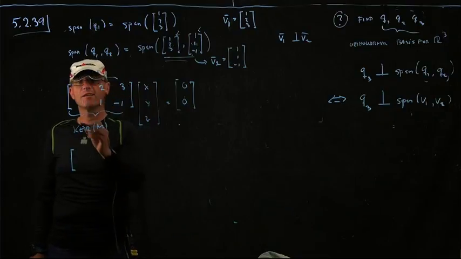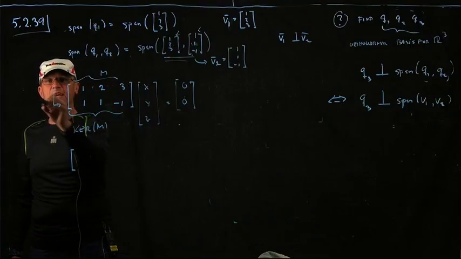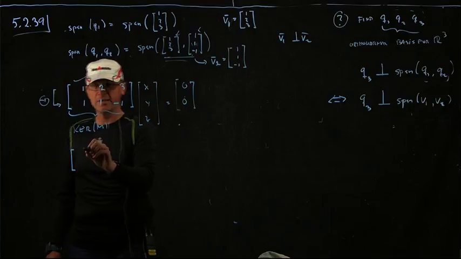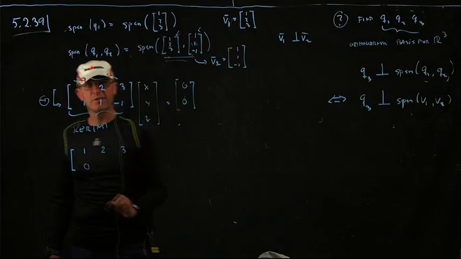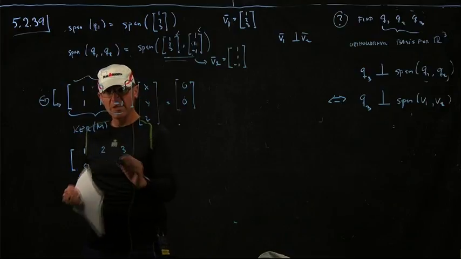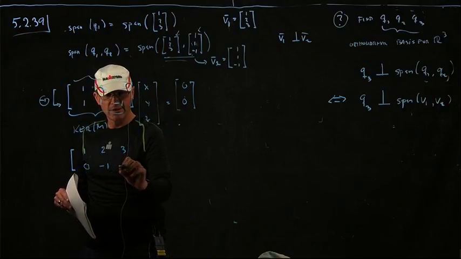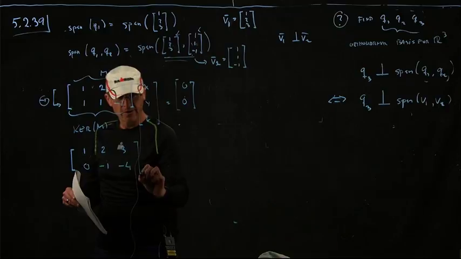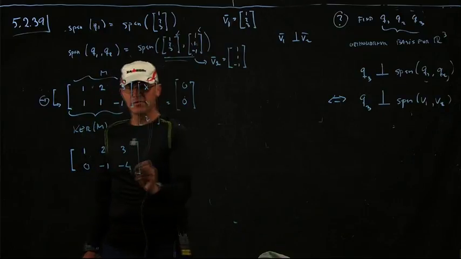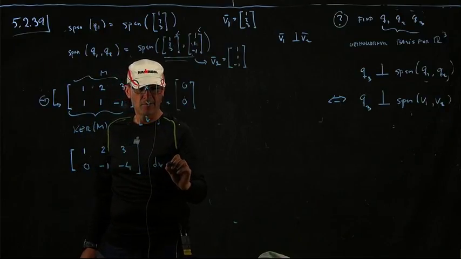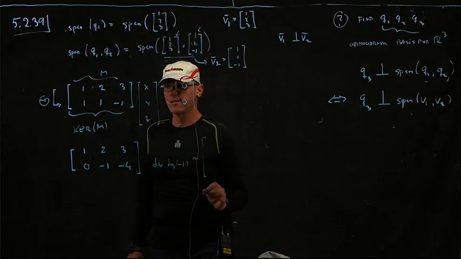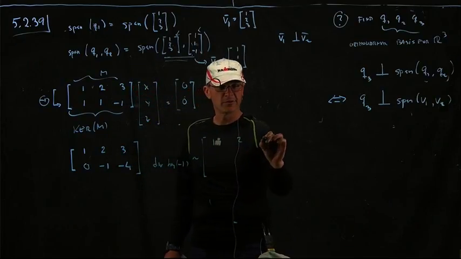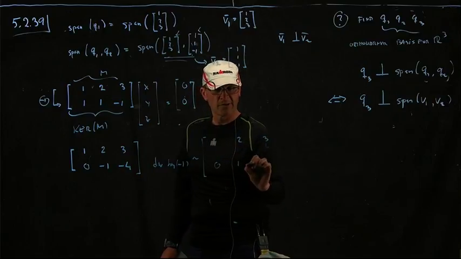So subtract the first row from the second. Then we're at 1, 2, 3. We generate a 0, minus 1, minus 4. Divide by negative 1, so we get a leading 1. So we have 1, 2, 3, 0, 1, 4.